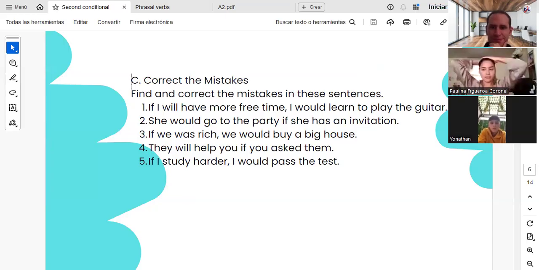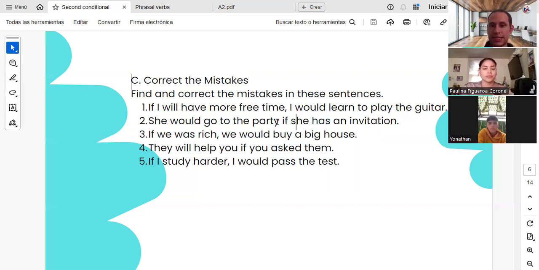She will go to the party if she has an invitation. I think that it is if she had an invitation, had in past, had.